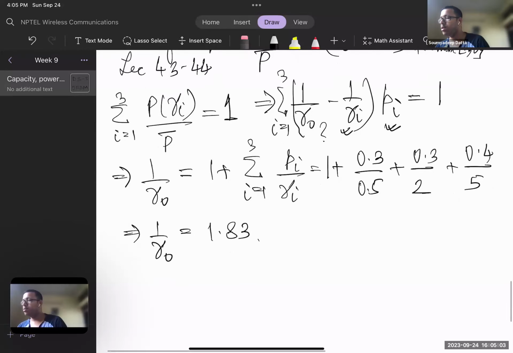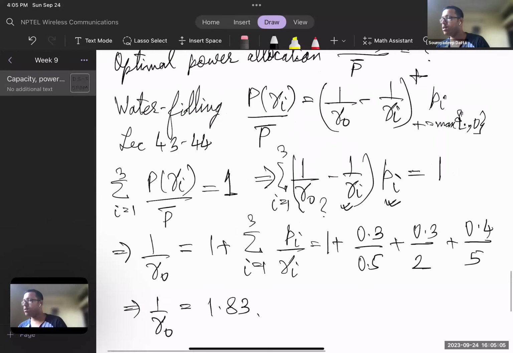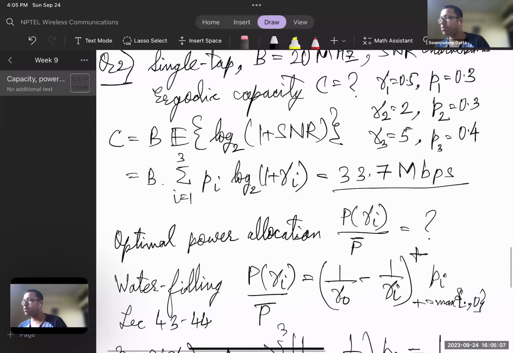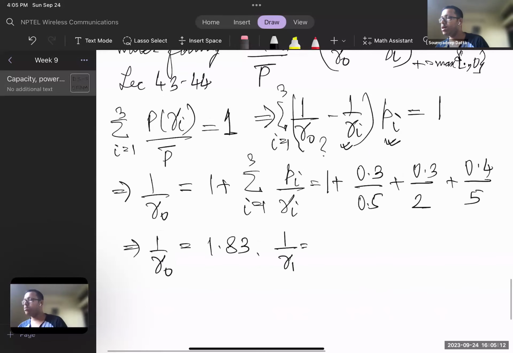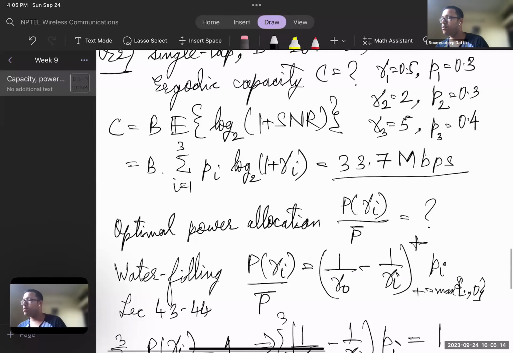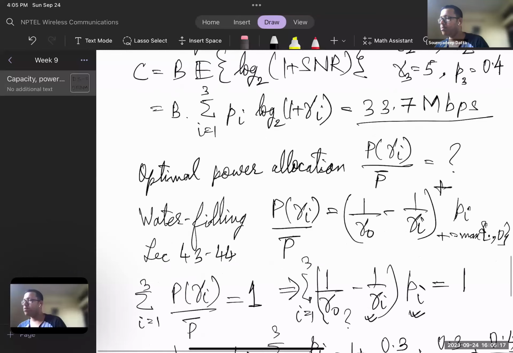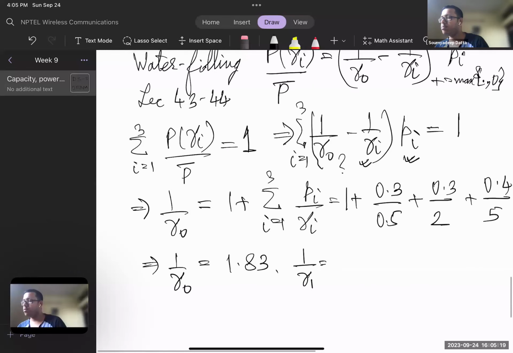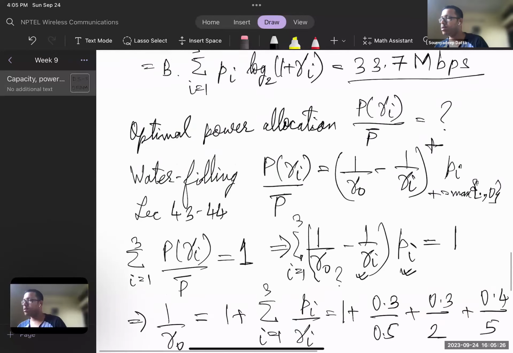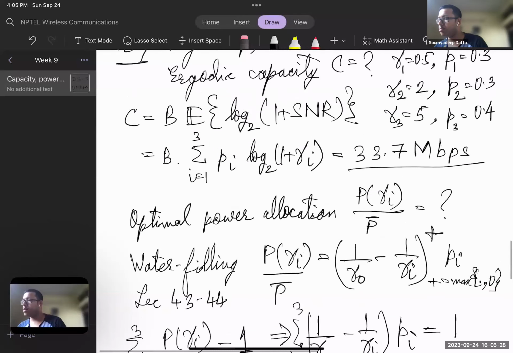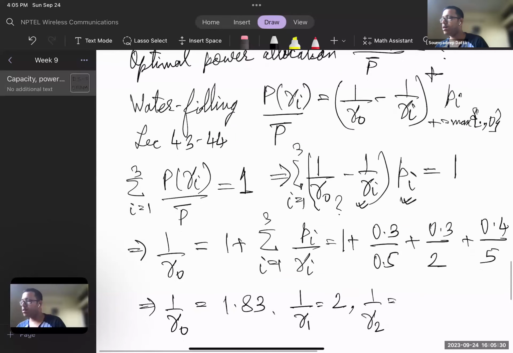And now let us check these 1 by gamma values. 1 by gamma 1 is 2. 1 by gamma 2 is, I'm just calculating all of them, but I'll show you which one is important. 0.5, because gamma 2 is 2, and 1 by gamma 3 is 0.2, right?